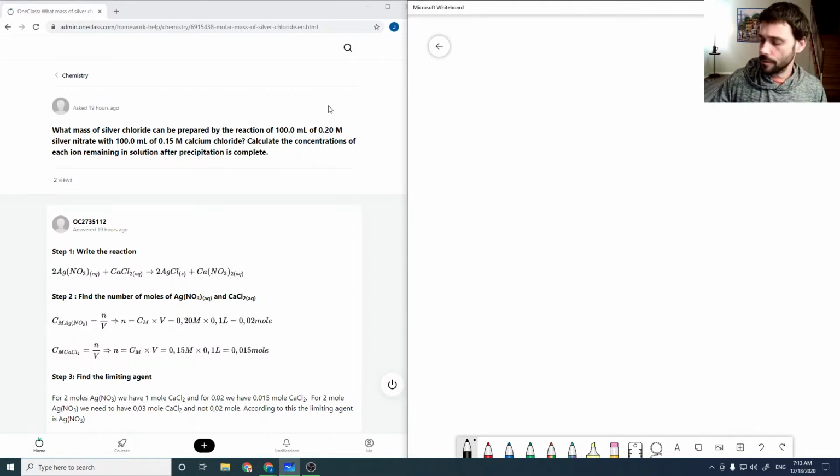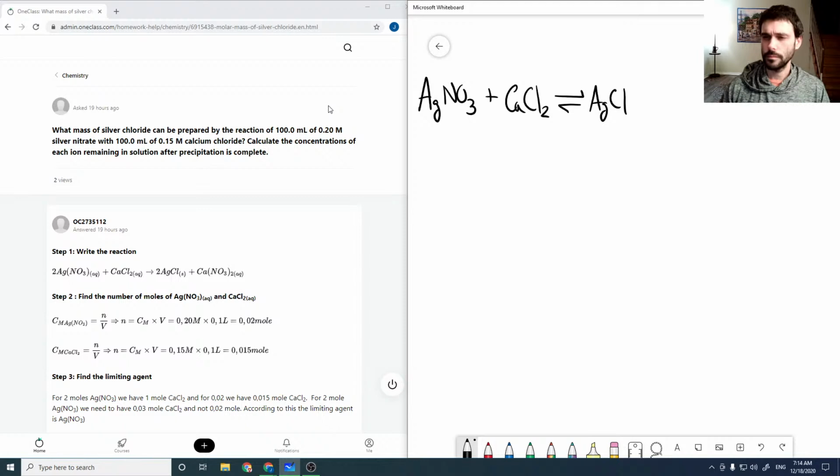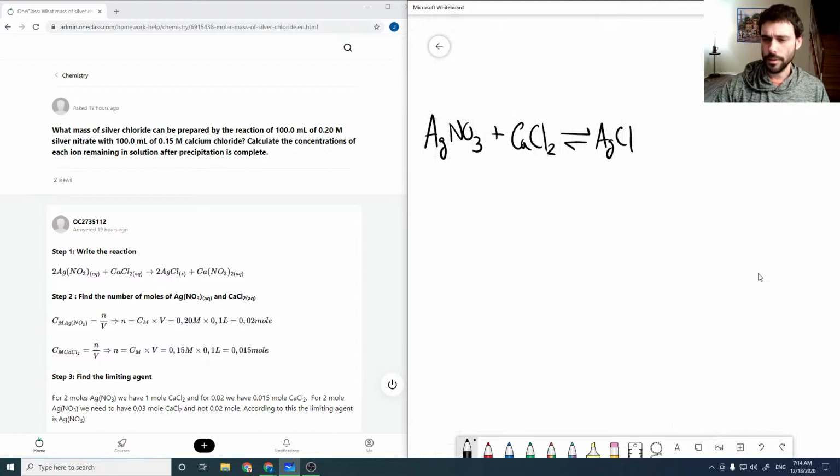All right, so what mass of silver chloride can be prepared by the reaction of 100 mL of 0.2 molar silver nitrate with 100 mL of 0.15 molar calcium chloride? For these purposes, I'm just going to put a unidirectional arrow, that way it makes it easy on us.